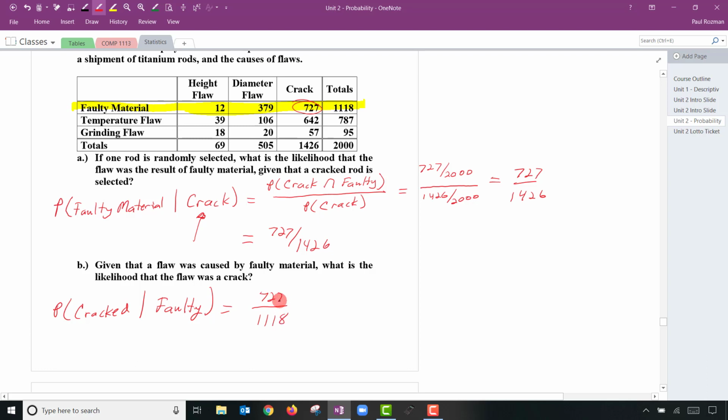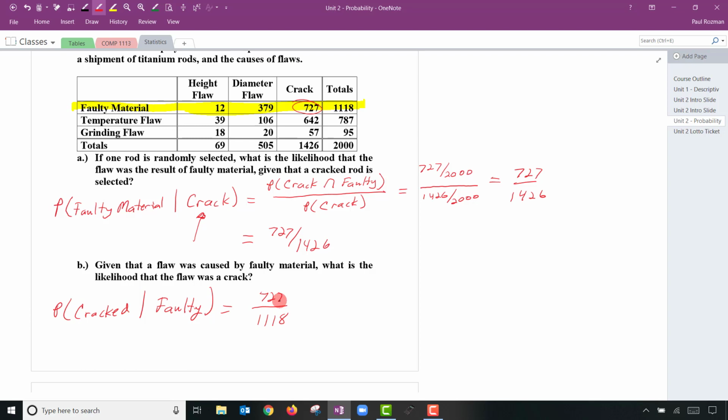This sort of probability problem is used a lot. The classic example is with testing. This is the sort of problem that you run into with tests for diseases, for example. We can ask, if you tested positive, what's the probability you actually have the disease?